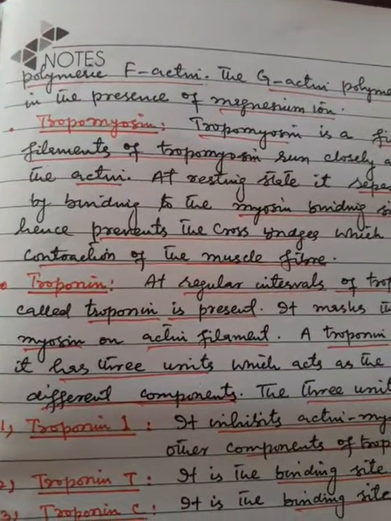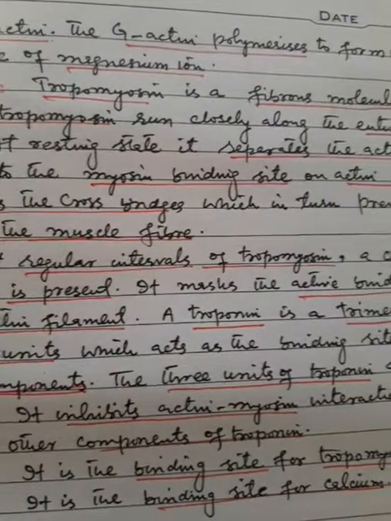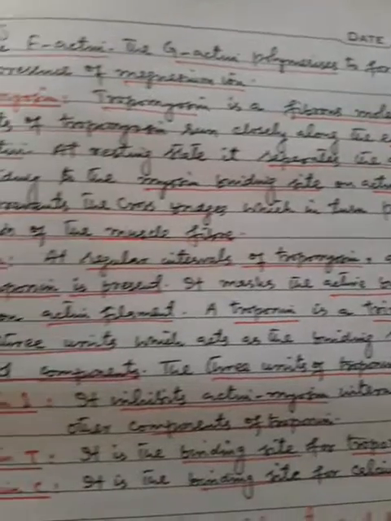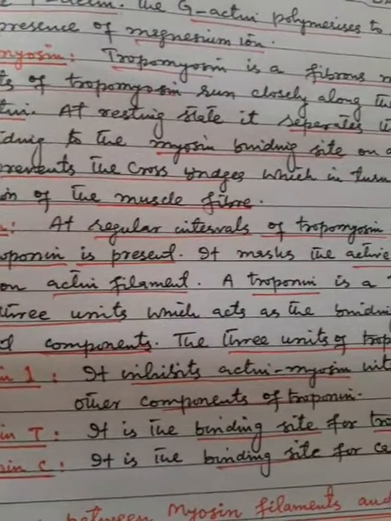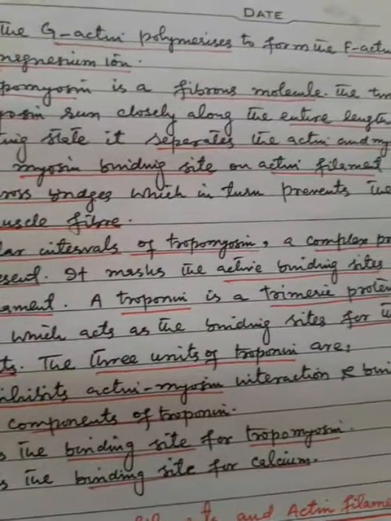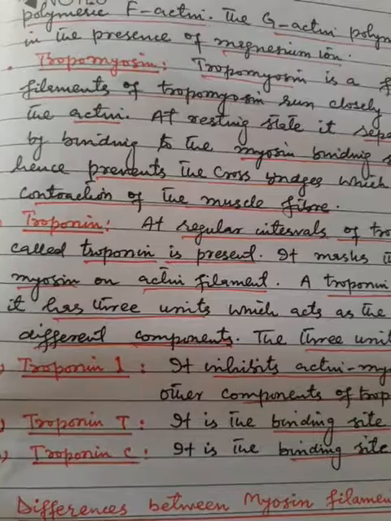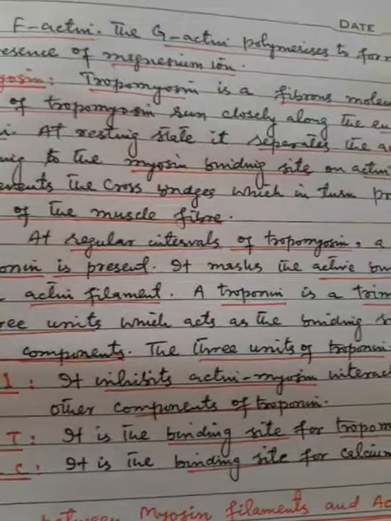Now, troponin. At regular intervals of tropomyosin, a complex protein called troponin is present. It masks the active binding sites for myosin on actin filament.